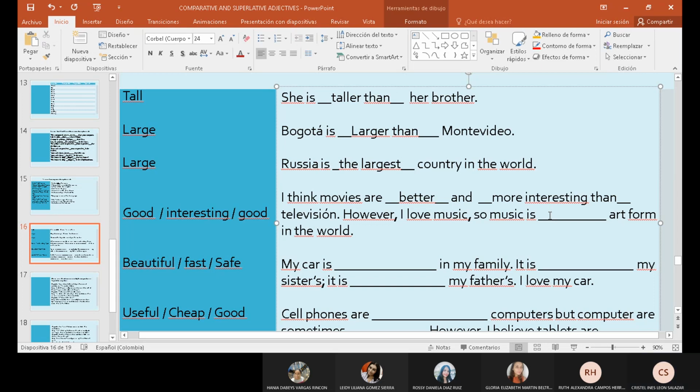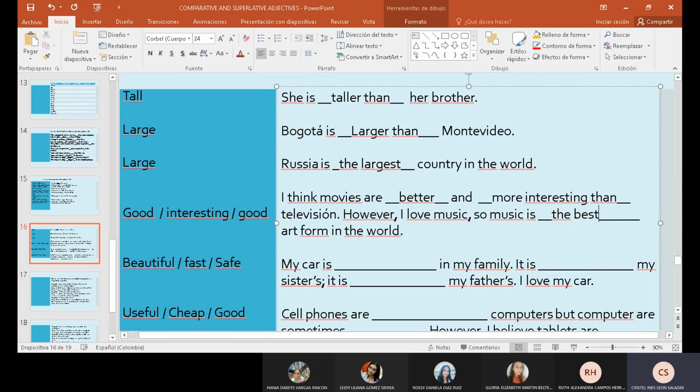Es mejor que el arte, no sé, que el arte de la forma en el mundo, no sé. It's the best art form in the world. Ok, porque si utilizamos better no tendría sentido. It's the best. Es el mejor arte del mundo.